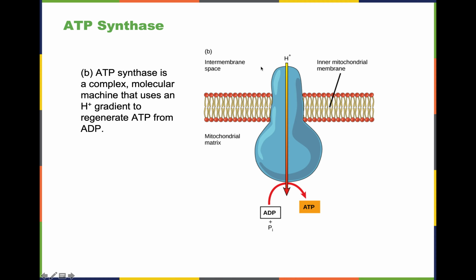When you build up hydrogen ions, they find a way to go back down their concentration gradient. This is an energy releasing process. And the ATP synthase, which is also referred to as the proton pump, takes advantage of this energy releasing step to turn ADP and phosphate into ATP.